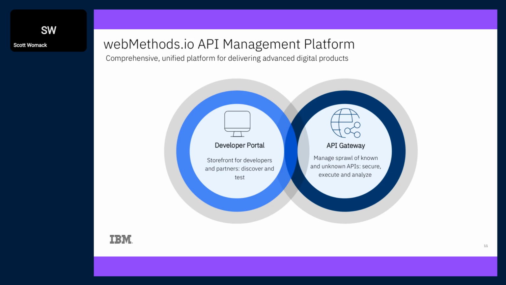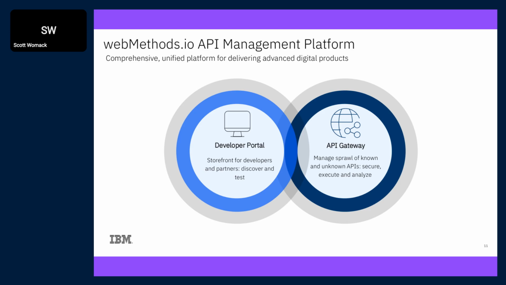Now, as mentioned earlier, we're going to be focusing specifically on the webMethods API Management platform, which are two parts of our webMethods cloud. So first, there is the developer portal. This is your API ecosystem where all your internal and external consumers are going to be able to come and find APIs. They're going to be able to subscribe to them, try them out.